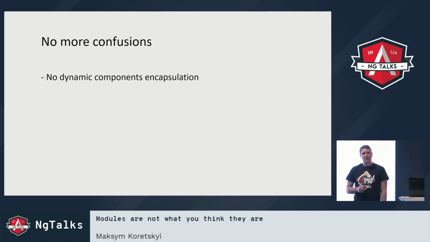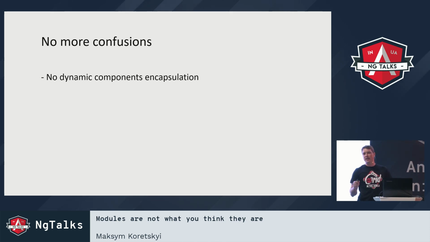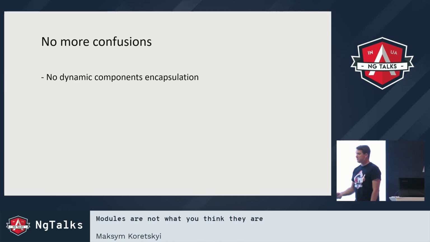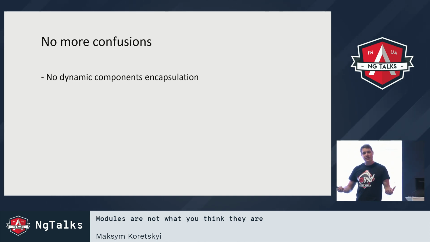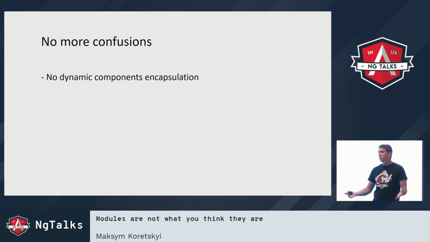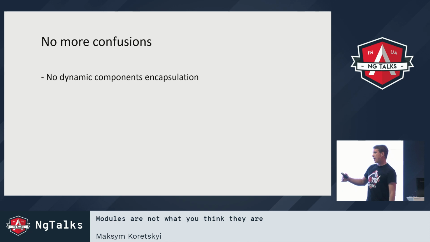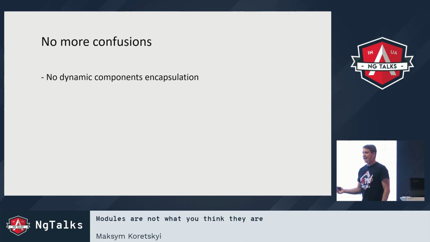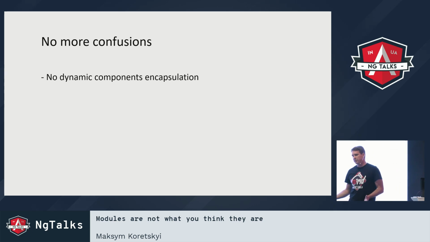So I told you, there's no encapsulation for dynamic components and providers. Well, it's because dynamic components and providers can be used dynamically, right? Whenever we need them, we can dynamically create a component at any point in time and put it in any place in a template.